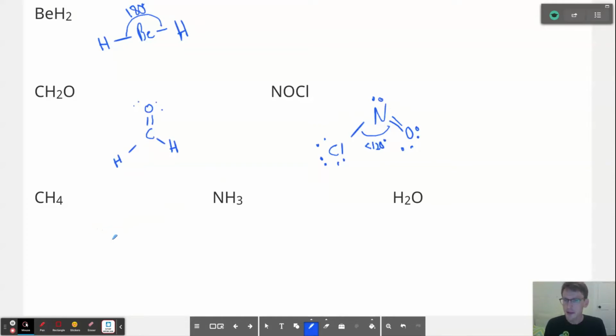Now, things get a bit more complicated when we get to, for example, CH4, because this is a three-dimensional structure. And I just want to point out that if we were to say that these are all 90-degree angles, a bunch of right angles, then that wouldn't be optimizing the distance between them, because we're not even considering the fact that this hydrogen and this hydrogen are separated by 180 degrees.